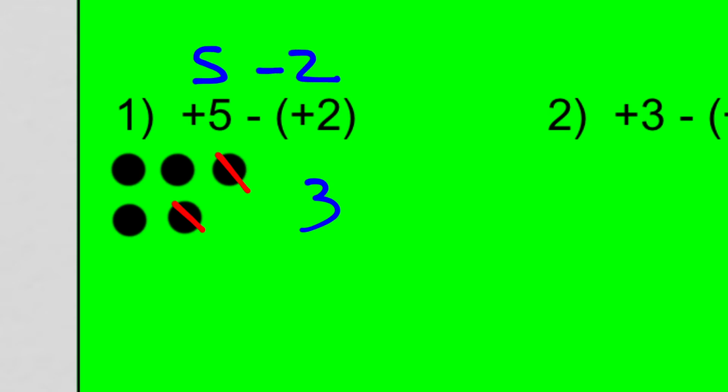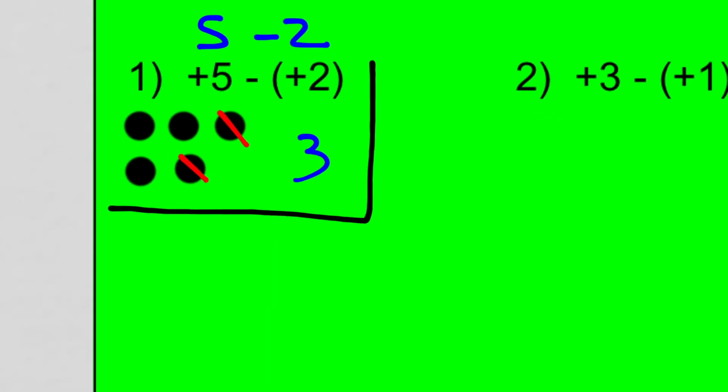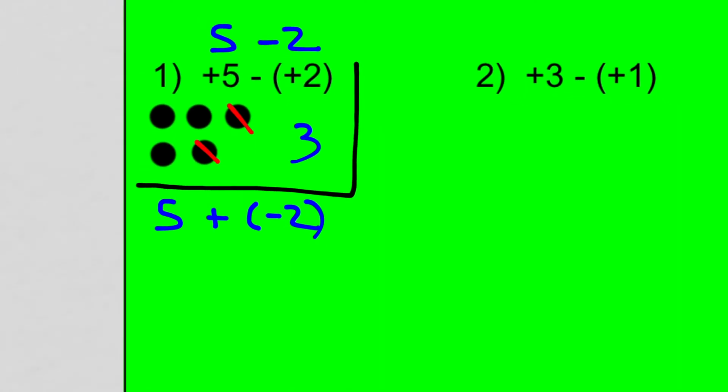Now, what I also had the kids do is I wanted to show them this. We said, what if we wrote this as 5 plus negative 2? How would that look? Well, we'd have 5 positives: 1, 2, 3, 4, 5.